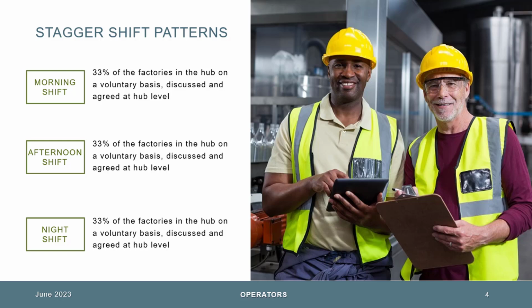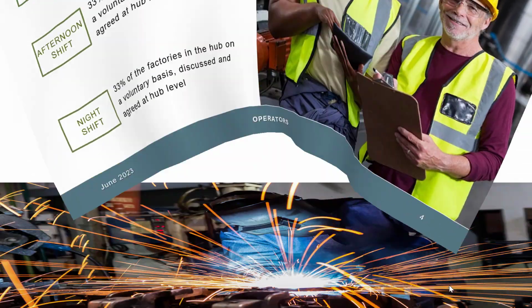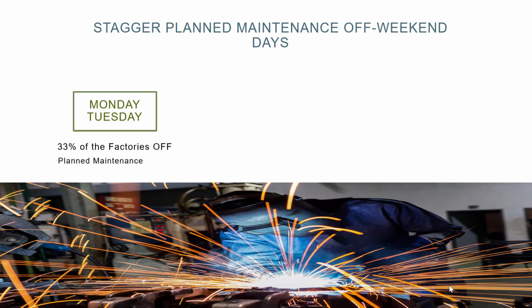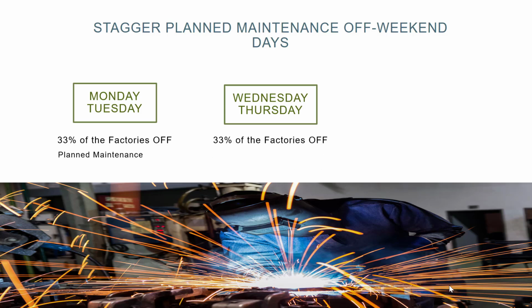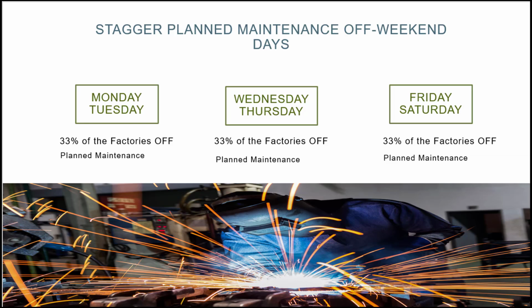Another example, if 70 factories only operate 5 days a week and stop Saturdays and Sundays for maintenance, these factories split themselves into 3 groups. Group 1 stops for maintenance Monday and Tuesday. Group 2 stops for maintenance Wednesday and Thursday.